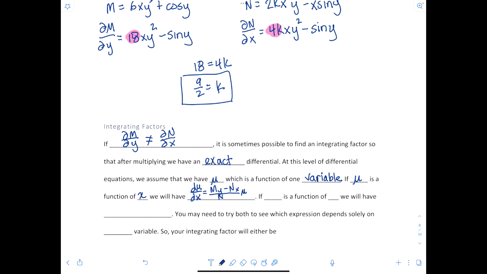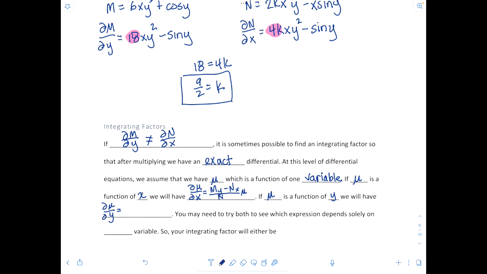Cool? Now, if mu is a function of y, we will have d mu dy is equal to... sorry, these are partial derivatives, so I should have the curly d.